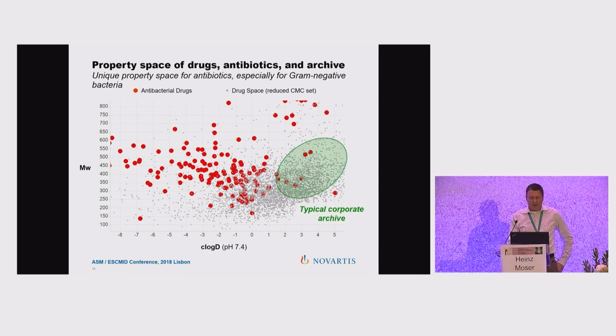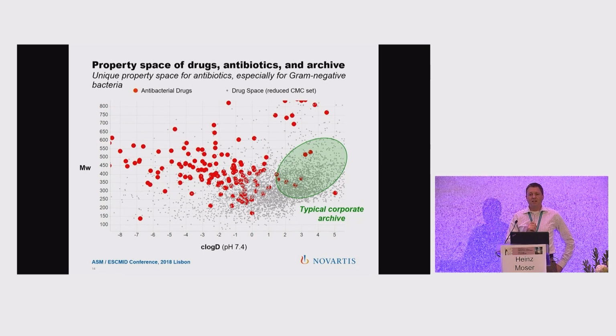Now, if you look at the corporate archive, and I did do the analysis, as Andrea did as well, on the Novartis archive. Typically what we have, and this is, I think, true for most companies, is shifted a little bit more to a higher level of lipophilicity and to higher molecular weight. Why is that?